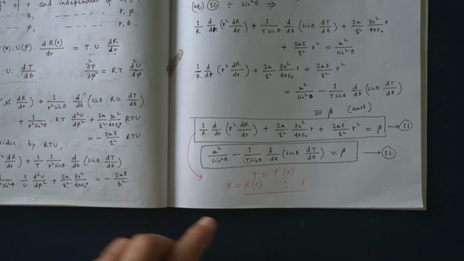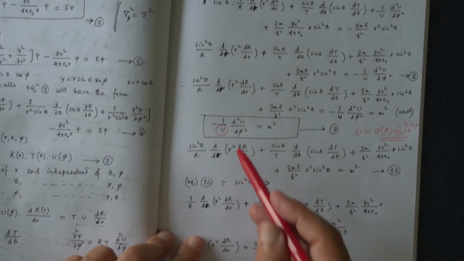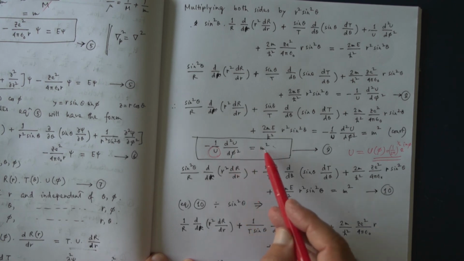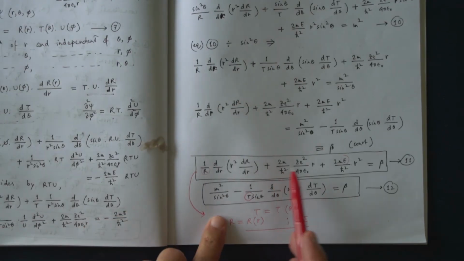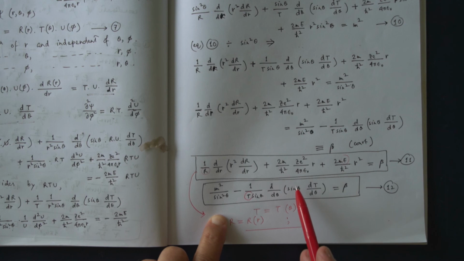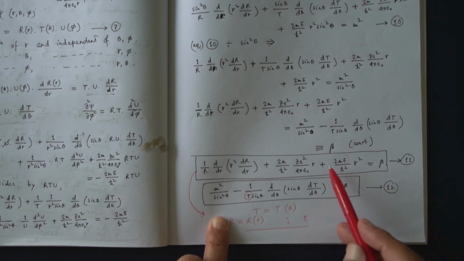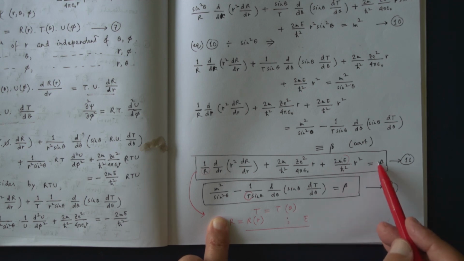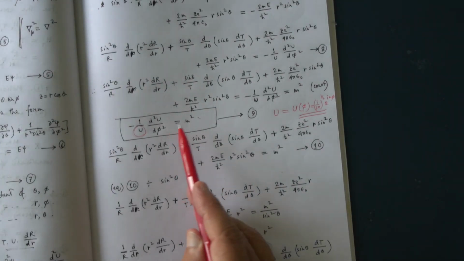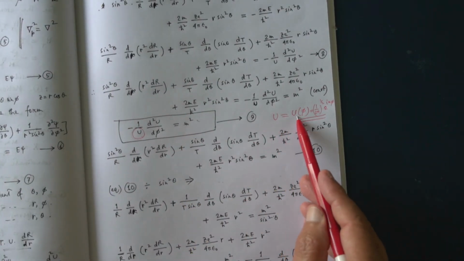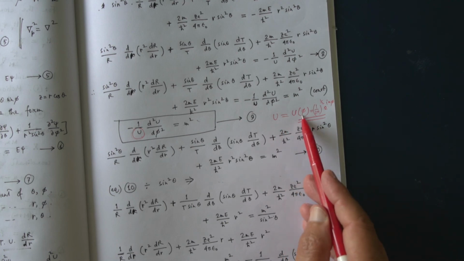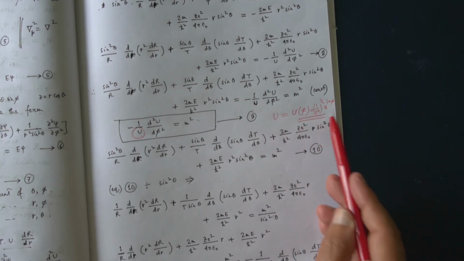Now we will not discuss how these equations are solved. We are not going to discuss all these things; we will just write the results. Solving this equation, we get the value of the function u or u phi, which is equal to this.